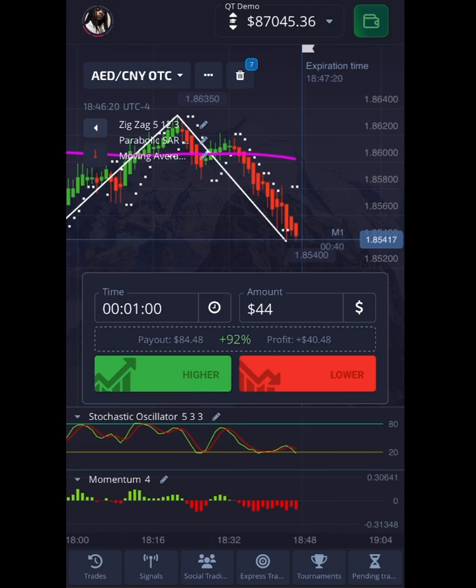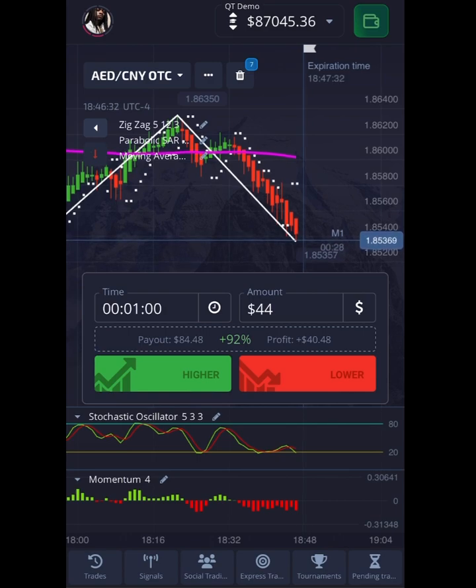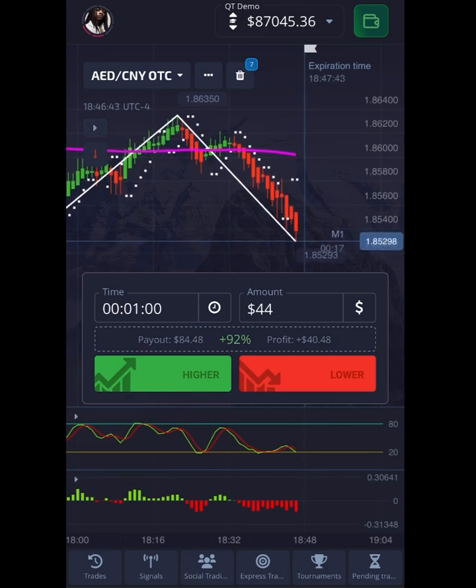So again, for a buy, you want to see a cross up. That means the green line should be above the red or crossing through the red line going in the upward direction, along with there being a green bar on top, along with the parabolic dot being on the bottom, under the price on the chart.